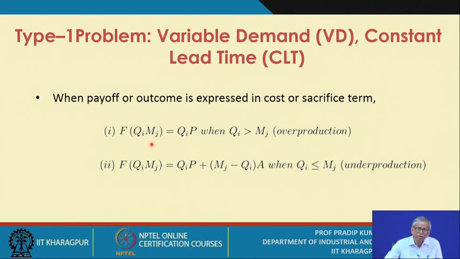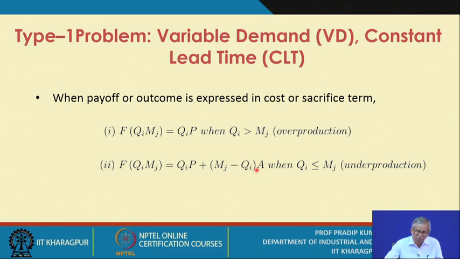So F(Qi, Mj) equals Qi into P when Qi is greater than Mj. But if there is underproduction, that means a shortage, and the shortage cost per unit is capital A. The shortage is Mj minus Qi: your requirement is Mj, and you have produced Qi.